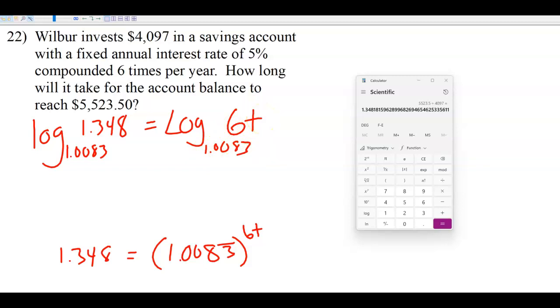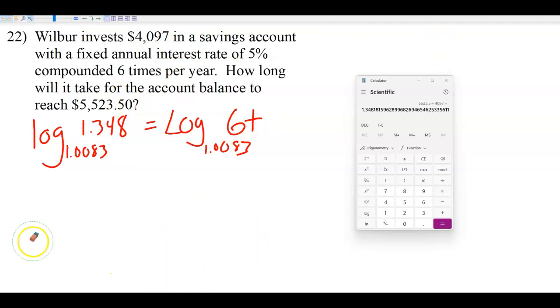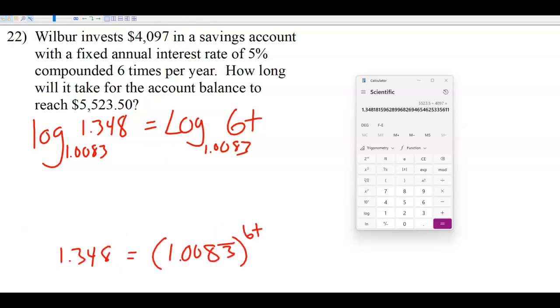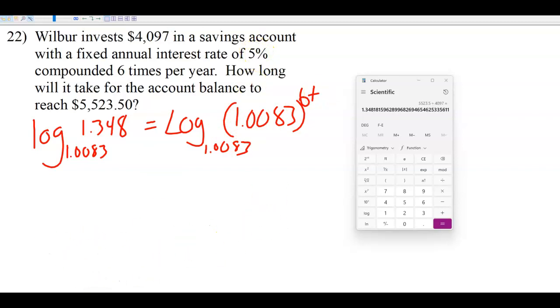On the right side of our equation, the log cancels out. Oh, I didn't write that correct. My bad. Let me back up a little bit. There we go. That's what I was supposed to write. Sorry about that. On the right side of my equation, the log 1.0083 cancels out the 1.0083, and I'm just left with 6t.